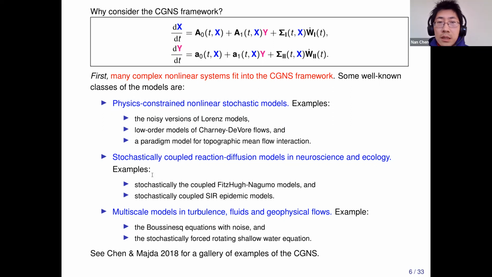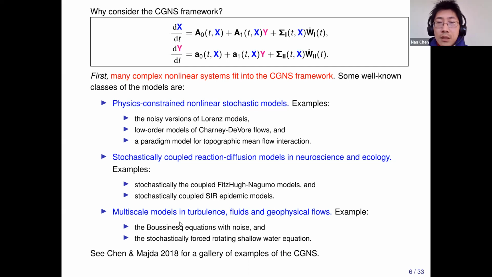You can also see there are a lot of examples in the stochastically coupled reaction diffusion equations in neuroscience or ecology. One of those models is the coupled FitzHugh-Nagumo model, and the SIR model also belongs to this framework.